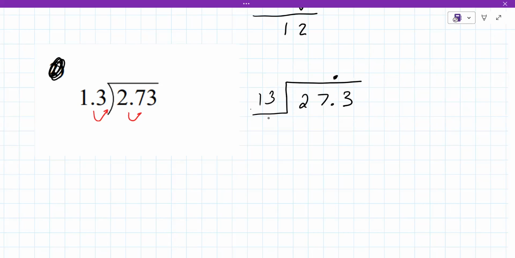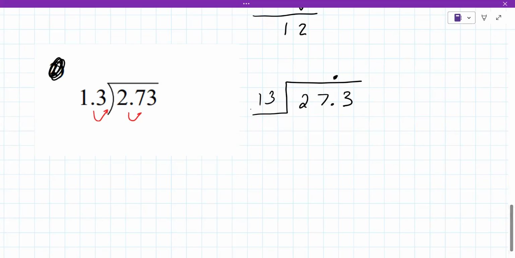So 113 divided by 273. How many times does 13 go into 27, right?